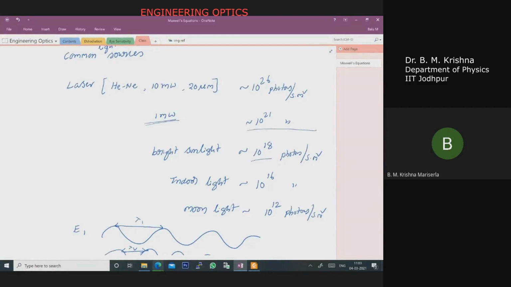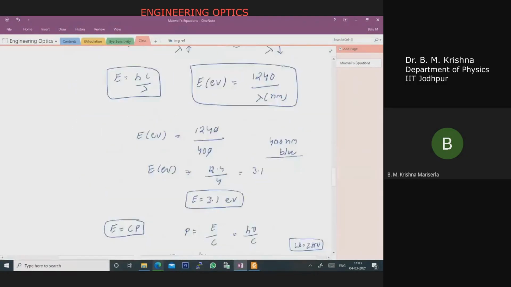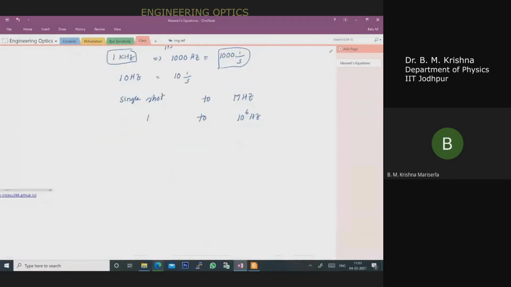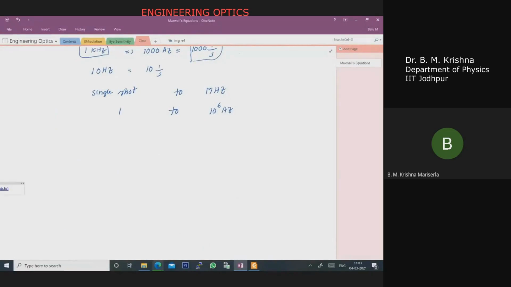Okay, so today we discuss geometrical optics, or sometimes also called ray optics.